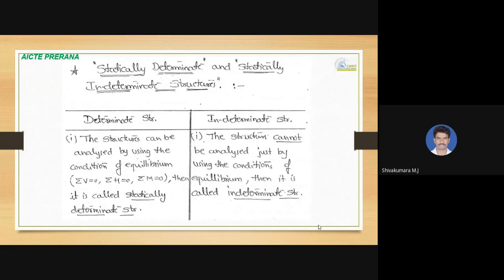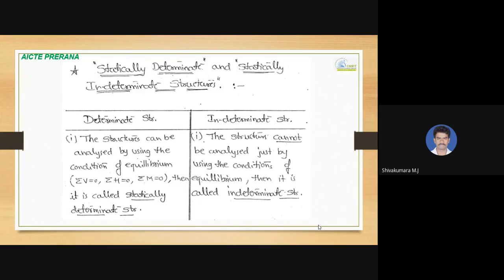So let us start from scratch with statically determinate and indeterminate structures. What does it mean, and what is the difference between these two? Structures are said to be statically determinate if they can be analyzed by using conditions of equilibrium. All of you know the conditions of equilibrium, that is summation of V equal to 0, summation of H equal to 0, and summation of M equal to 0.